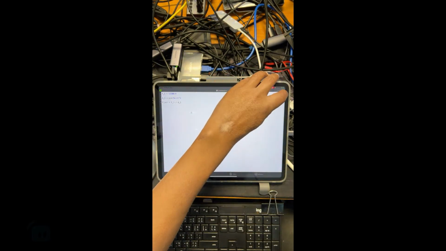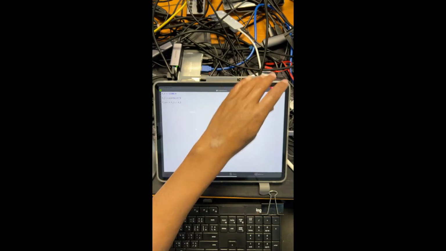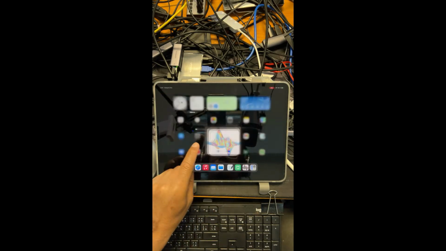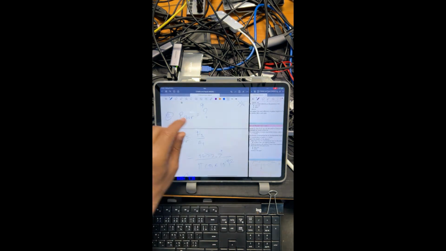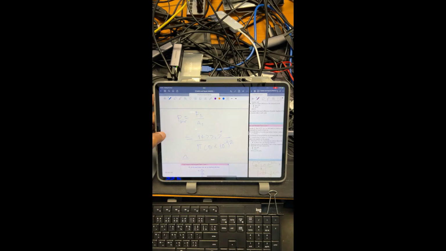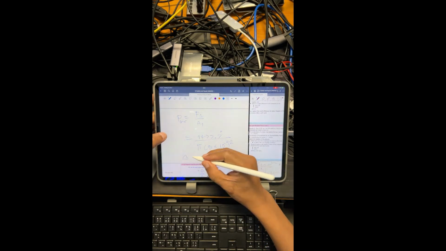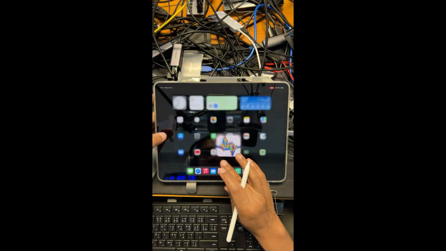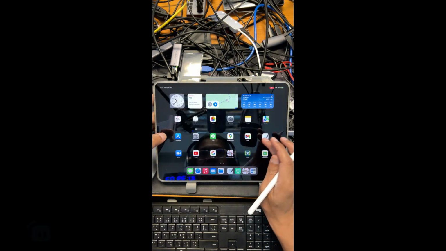It's 1.8816 times 10 to the 5. Okay, 10 to the 5. 1.8816.